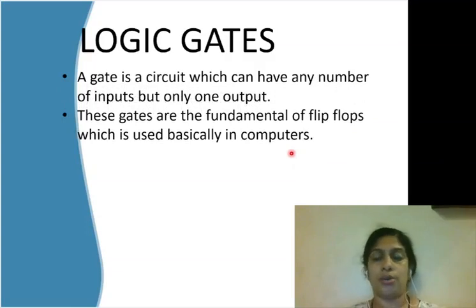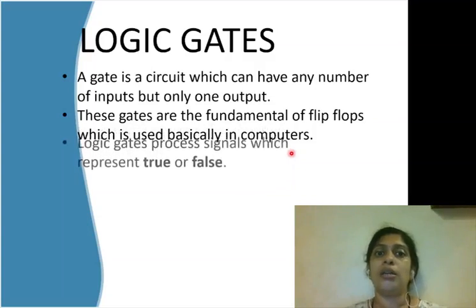Major computer circuits or logic circuits are created basically using these flip-flops. So a gate can be considered as a circuit with any number of inputs but only one output. This is a basic definition of this logic gate.